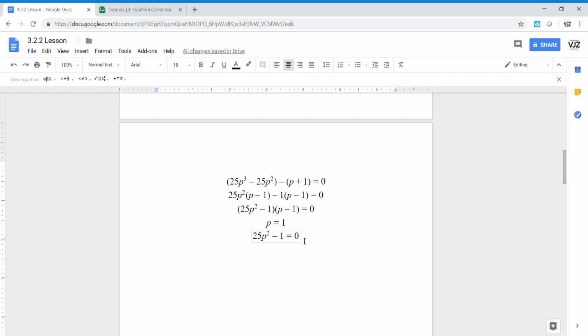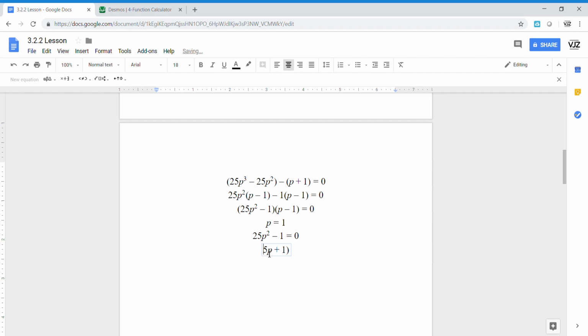We know that this should equal a plus b times a minus b. So, a should be 25p squared, and b should be -1, but it should just be 1 because there's a minus right here. So, this just equals the square root of 25, which is 5p plus 1.